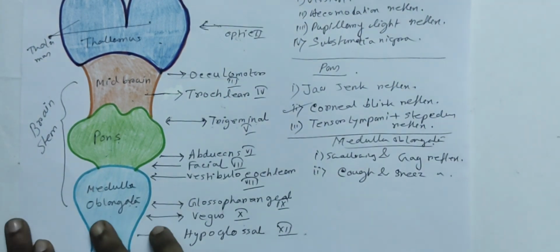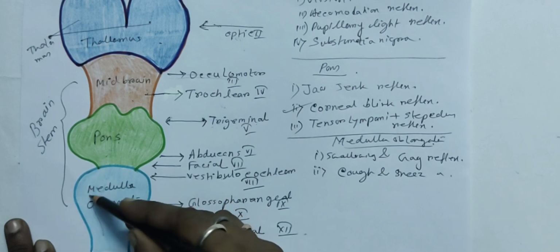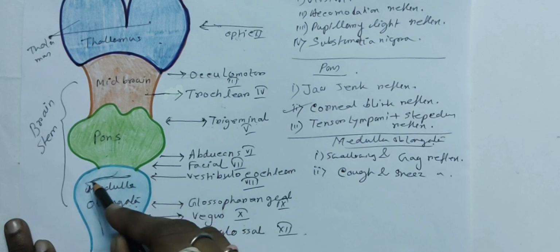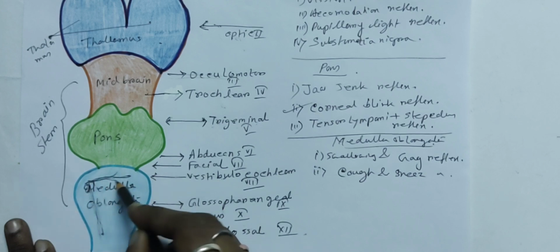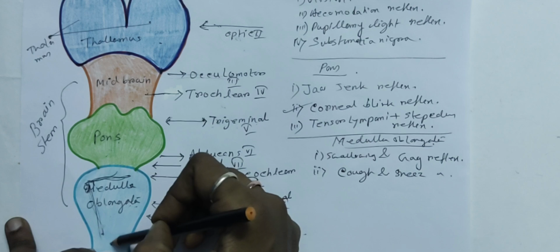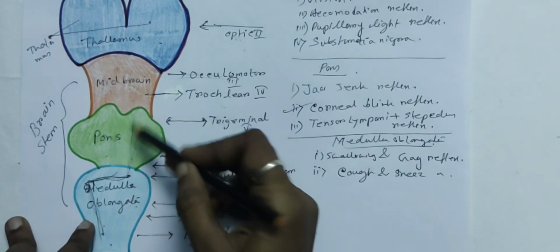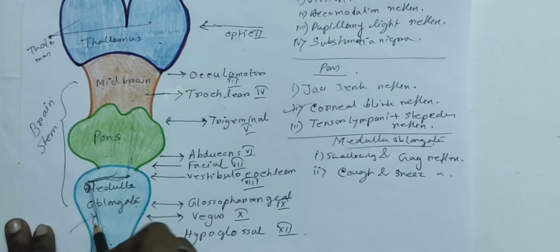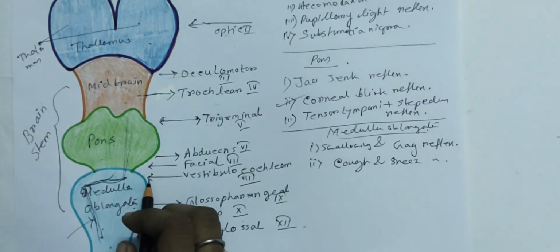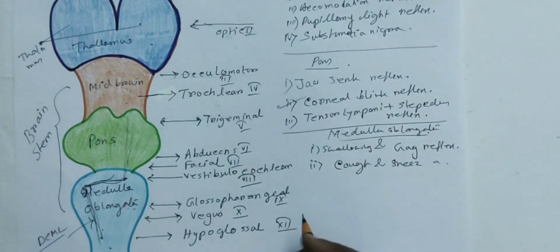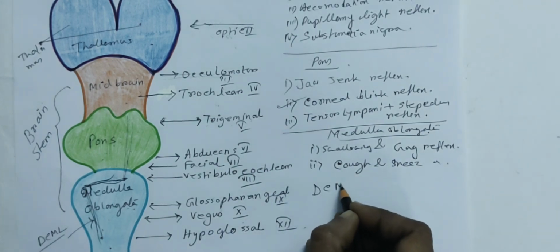Here in this part, sensory neurons form a group that transmits the signals from the spinal cord to the upper part of the brain, and this is called the DCML. What is the full form of DCML? I am writing it here.